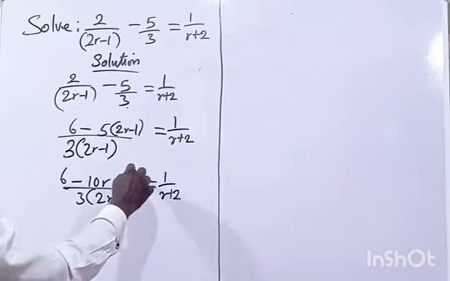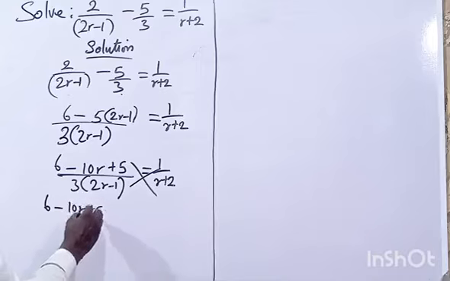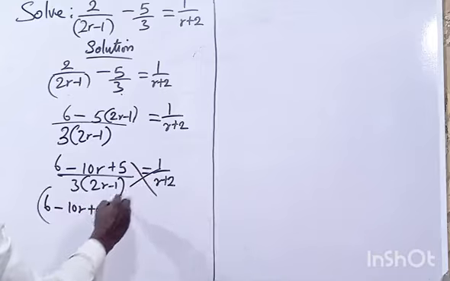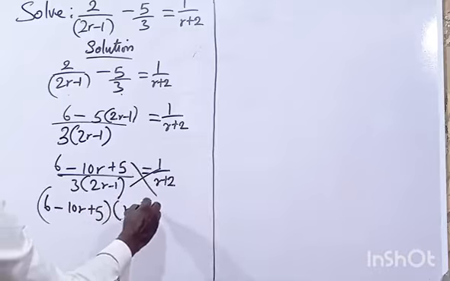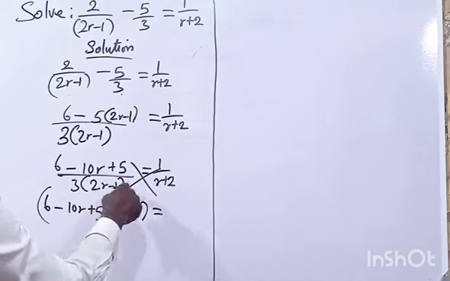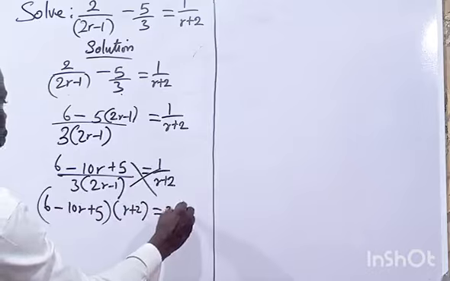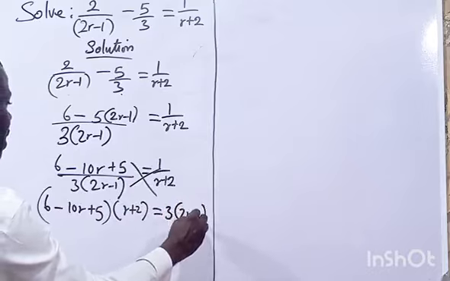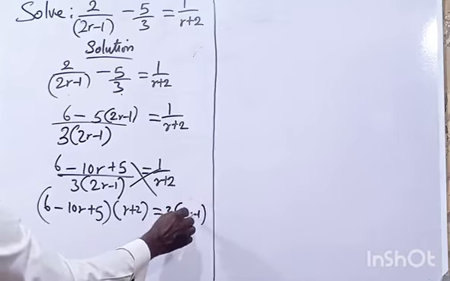Cross multiply means this and this. So to cross multiply, we bracket it out: 6 minus 10x plus 5, times x plus 2, is equal to this here times this, which is 3 into 2x minus 1, times this one. It will remain the same thing, so we just leave it like this.